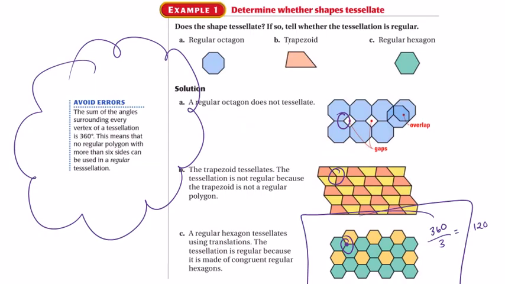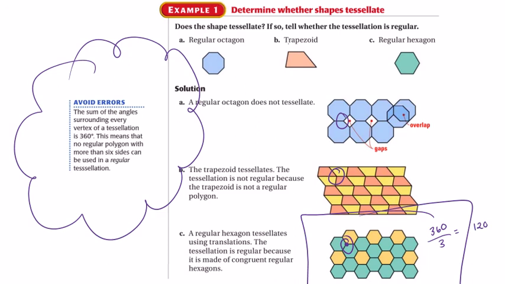If you were to go any higher than that, even though 8 is perfectly divisible, as you can see with an octagon right here in part A, it ends up creating a gap. With an octagon, I don't have 8 sides equally meeting. I actually am only going to have 2 sides of an octagon meeting with a square.